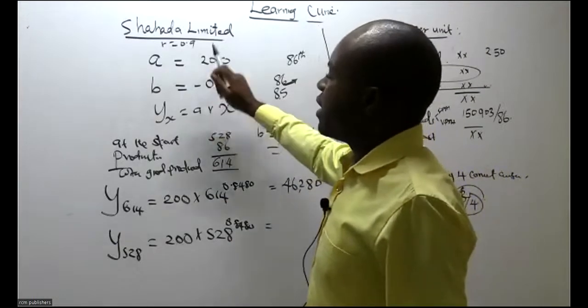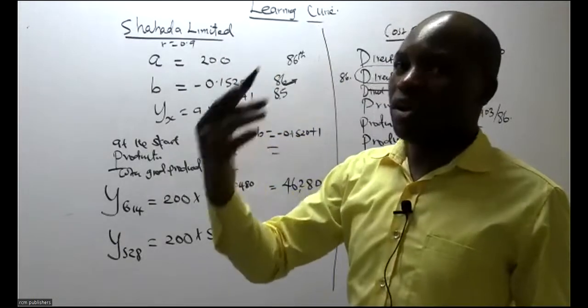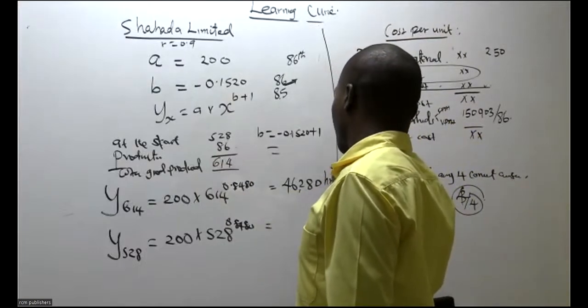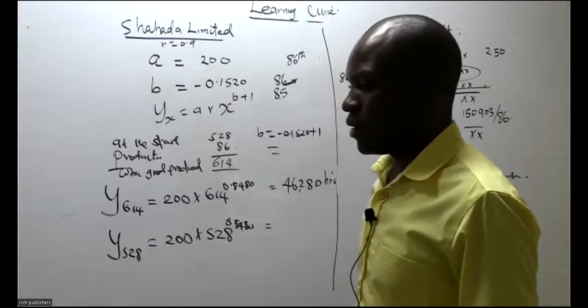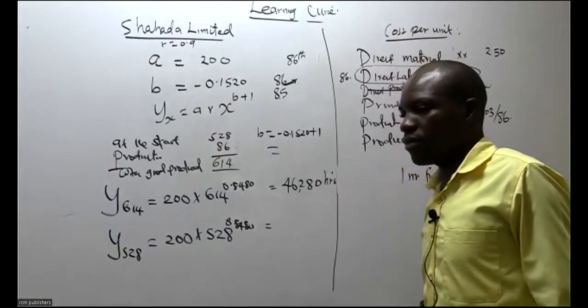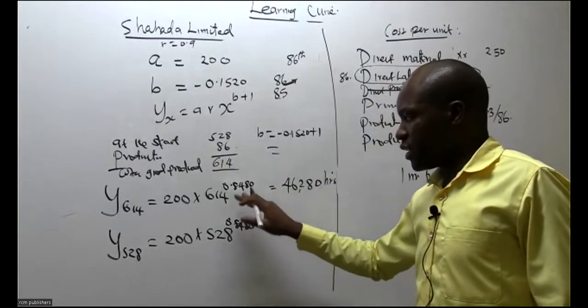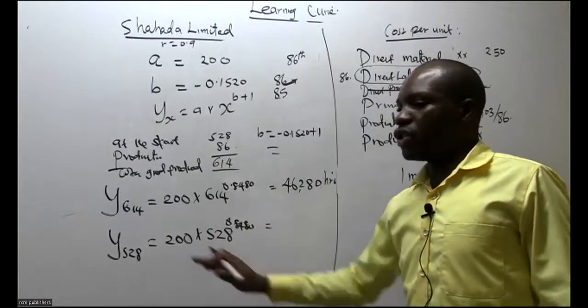Here, we were given the labor hours per unit. So this one will not be shillings, but hours. Let's go to the second one, 528. You just take 528 raised to the same power by 200.